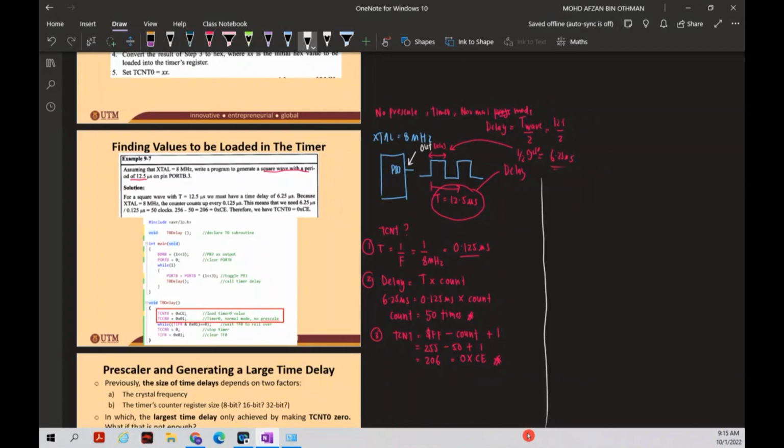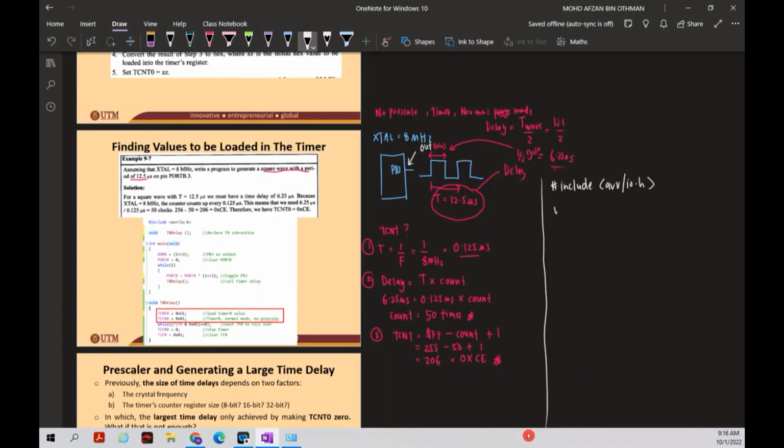Now what you're going to do is start with your #include <avr/io.h>, and after that we start with the name of the delay. We initialize the delay, the function or subroutine of the delay that we're going to create.